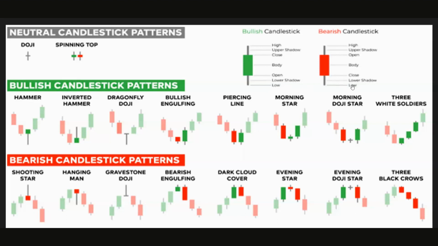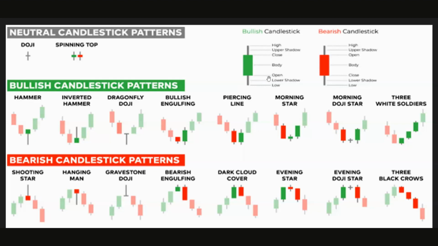If you watched the previous video I did last week, we talked about different time frames on a chart and how a candlestick could represent 1 day or 1 week or 10 minutes or 1 minute. Depending on what time frame you're looking at on the chart will depend on what time frame the candlestick is showing you. The differences between the bullish and the bearish candlestick are the open and the close.